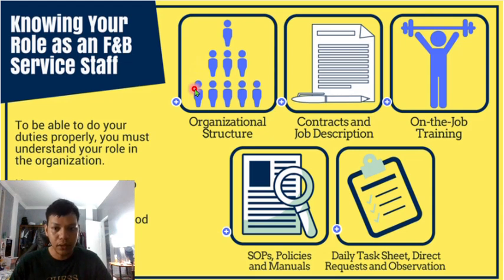So there is a chain of command that you need to follow. If you are working in the F&B industry or hospitality and tourism industry, there's also a chain of command that we need to follow.